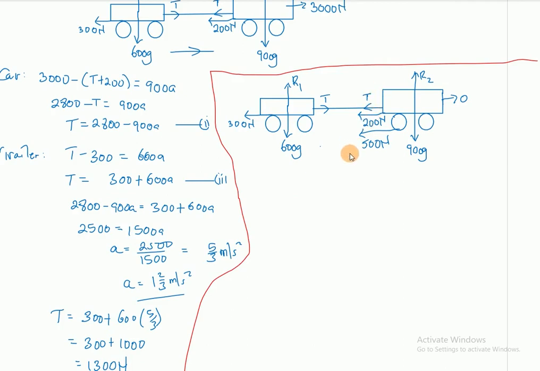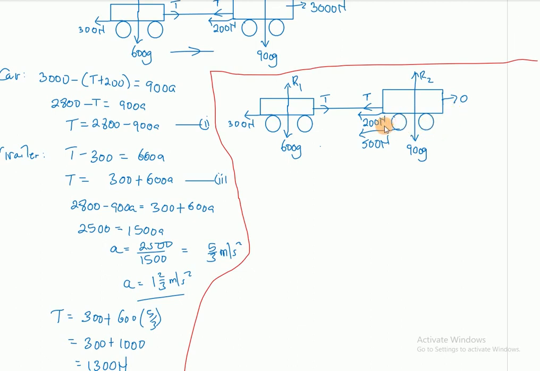We have that the forward force is now zero because the engine is switched off. Once we switch off the engine, there is no more force pushing the car forward. But that does not mean that the car is going to stop immediately. It is going to continue moving, but with some retardation because there is a resistance force.